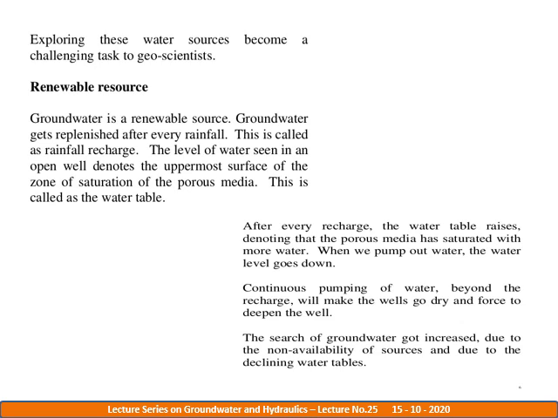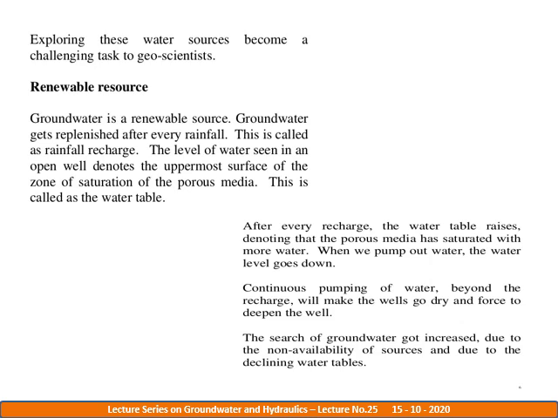Groundwater is a renewable resource. Groundwater gets replenished after every rainfall. This is called rainfall recharge. The level of water seen in open wells denotes the uppermost surface of the zone of saturation of the porous media. This is called the water table. After every recharge, the water table rises, denoting the porous media has saturated with more water.